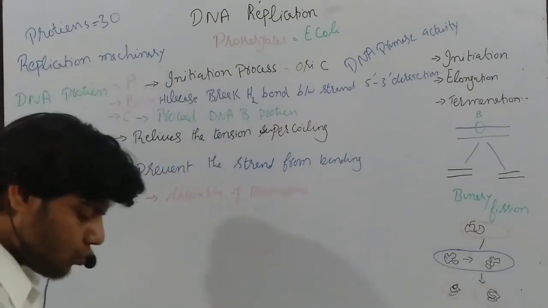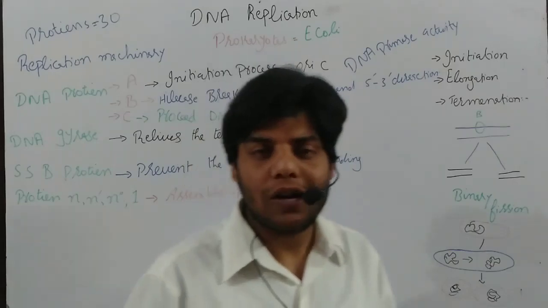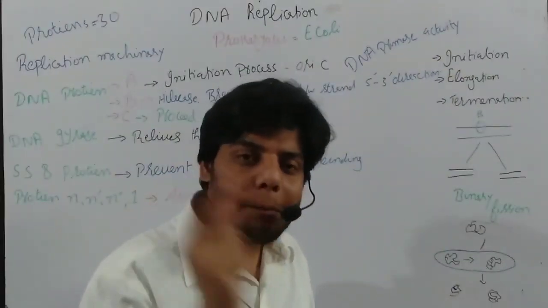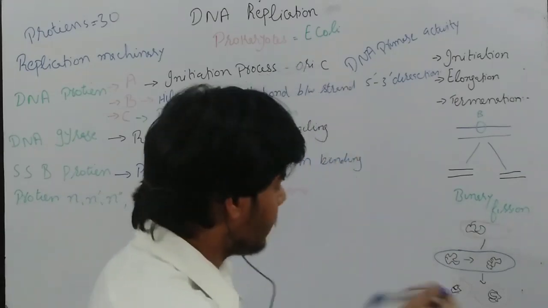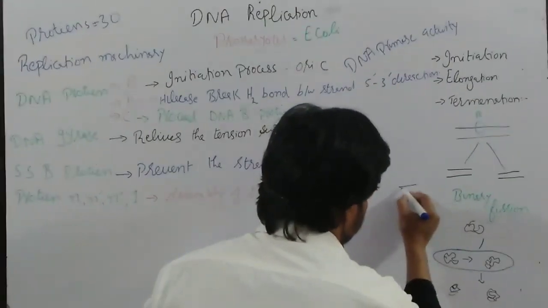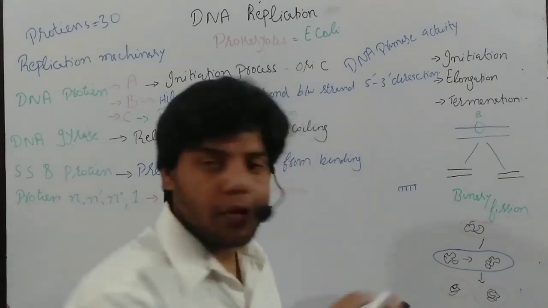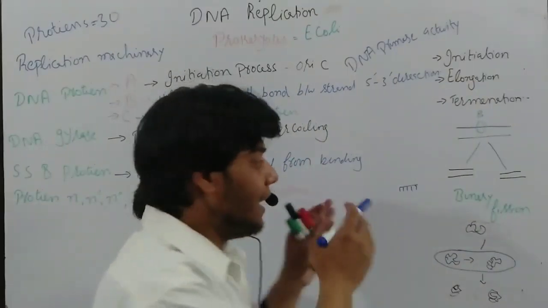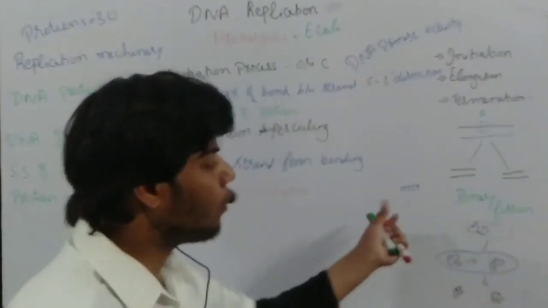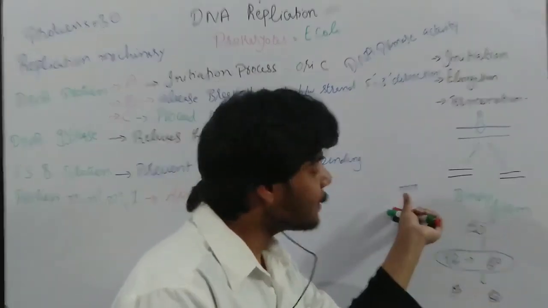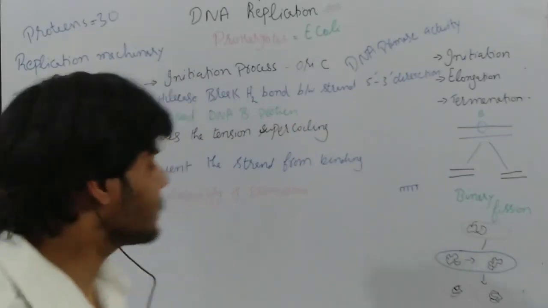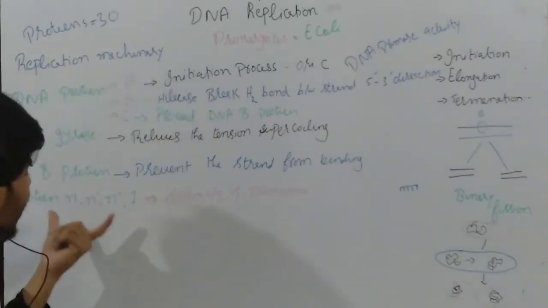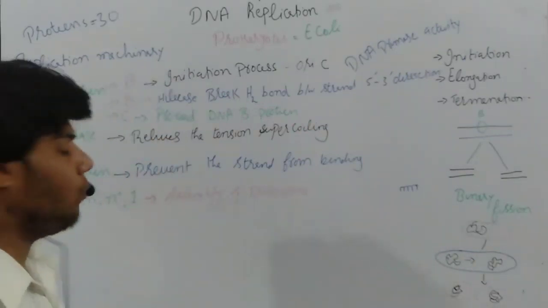Now, what are the chromosomes? Chromosomes are the primer, these are the nucleotides. We call that primer, which contains nucleotide sequences. So these can also be synthesized by protein N prime, N double prime, and protein I.